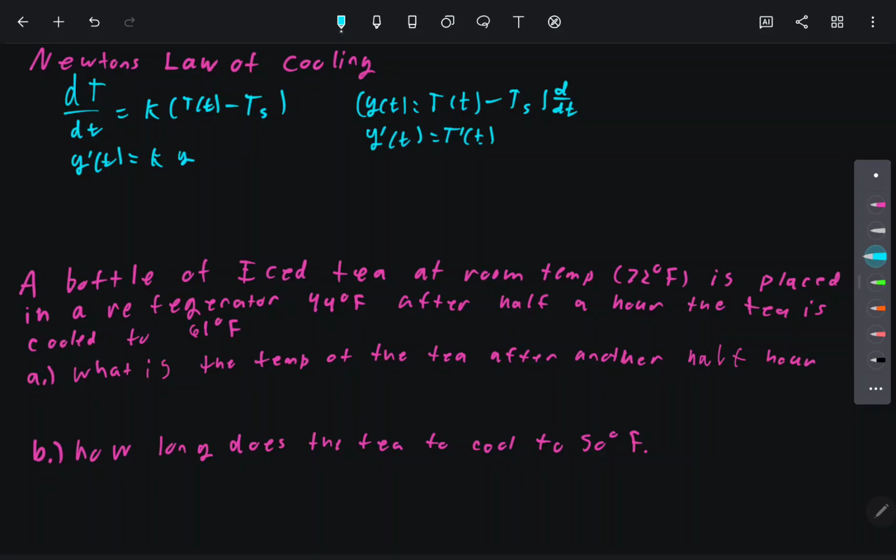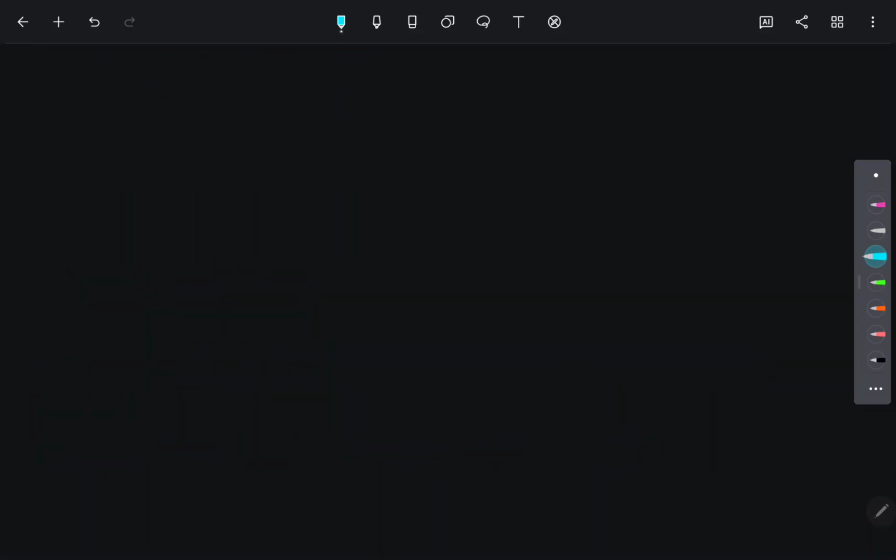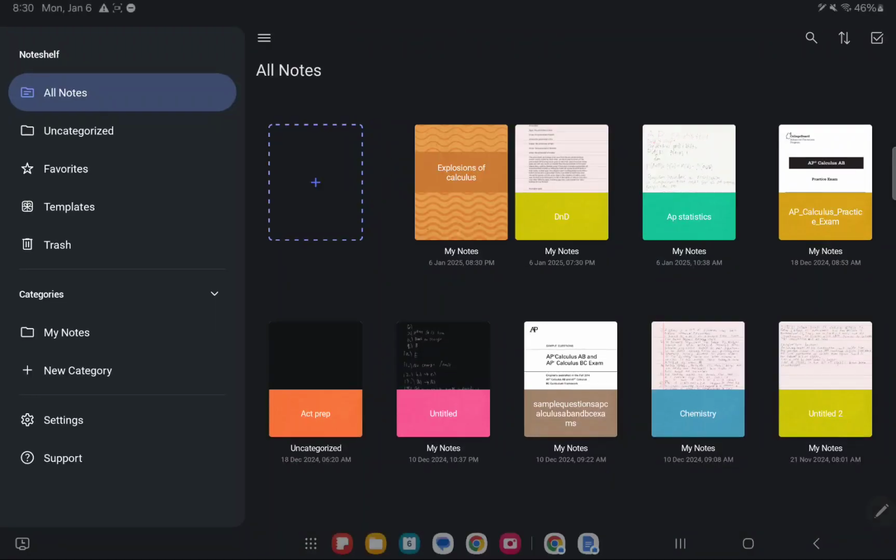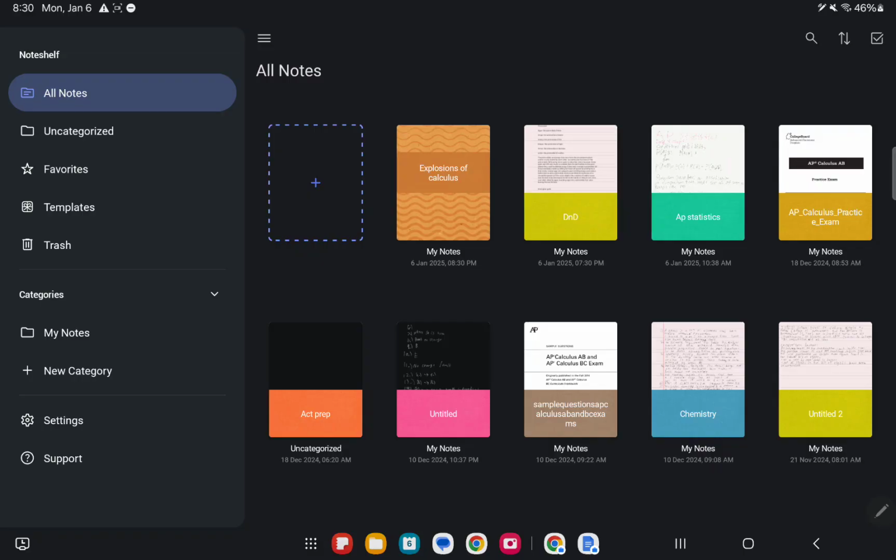So, to start out here, we know that the derivative of T with respect to t is equal to k times the temperature function minus the surroundings, which is 44 degrees.